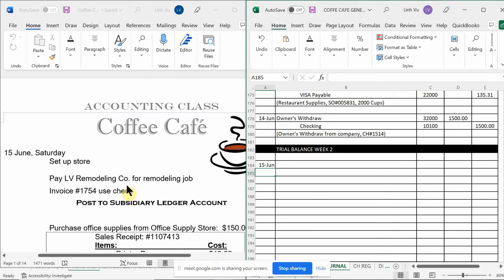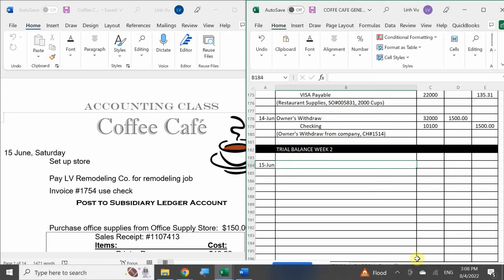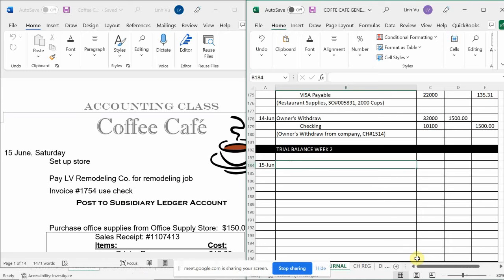Okay, so what do we do here? We are paying a subcontractor, and we are paying out of checking.